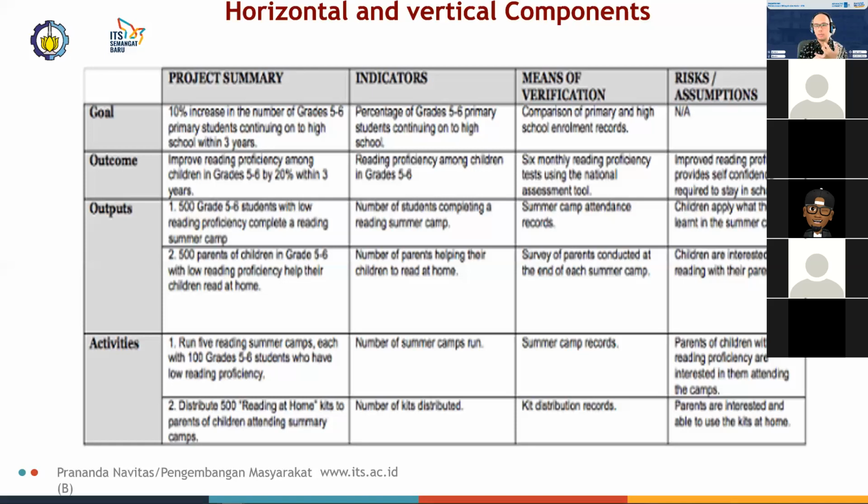If you happen to come across a NIMBYism conflict situation, then stakeholder mapping and stakeholder analysis would help you identify, and then afterwards you might resort to SWOT analysis to formulate a solution that everybody can agree on.